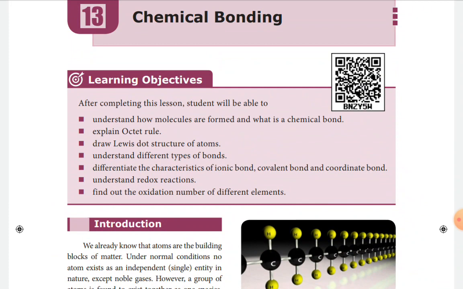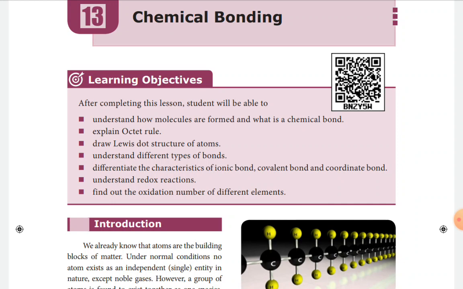After the completion of this lesson, you are going to understand what an atom is, how molecules are formed, what is meant by chemical bond, what the octet rule is, and how to draw the Lewis dot structure of atoms, and the types of bond.